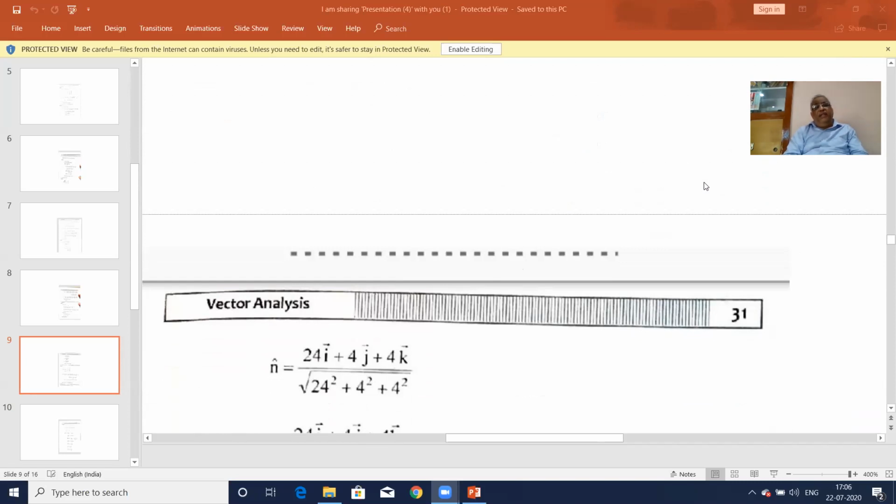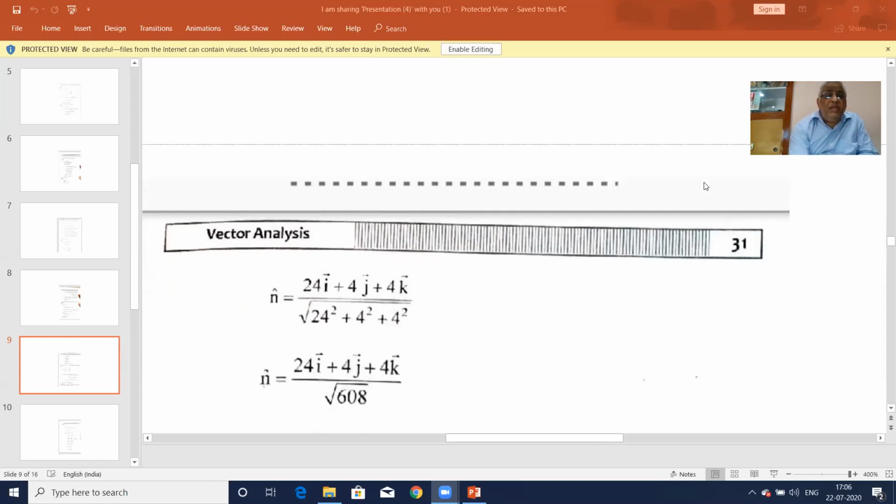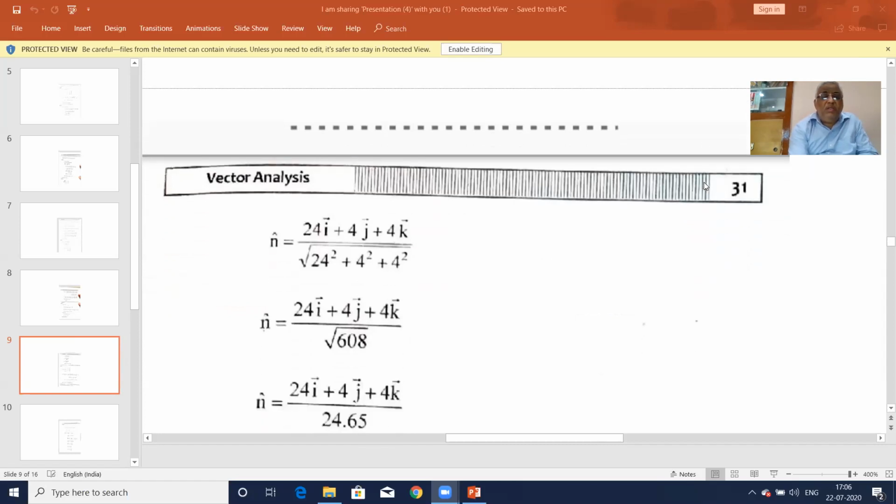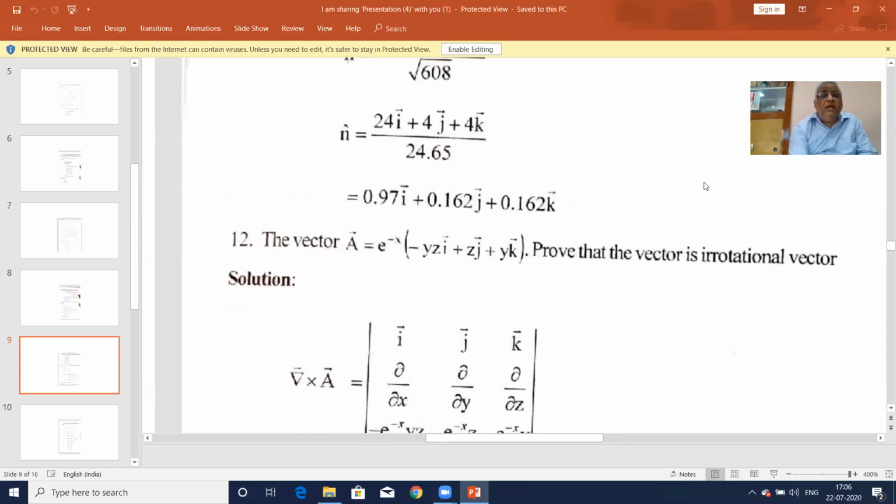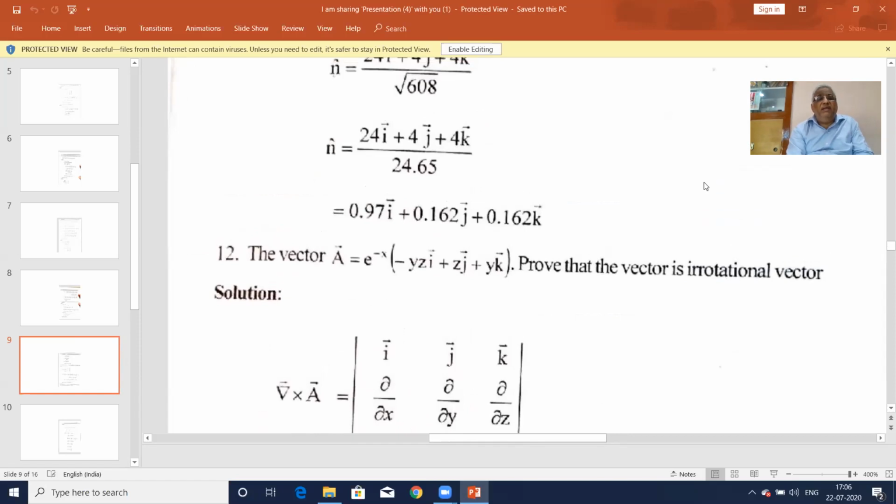You write the vector 24i plus 4j plus 4k and divide by its magnitude, root of 24 square plus 4 square plus 4 square, which is root 608, approximately 24.65. So the unit normal is 24i plus 4j plus 4k divided by 24.65, approximately 0.973i plus 0.162j plus 0.162k. This is the value of the unit normal vector.